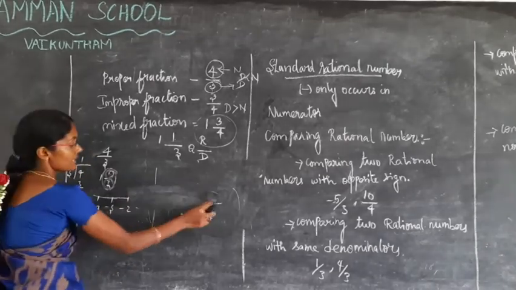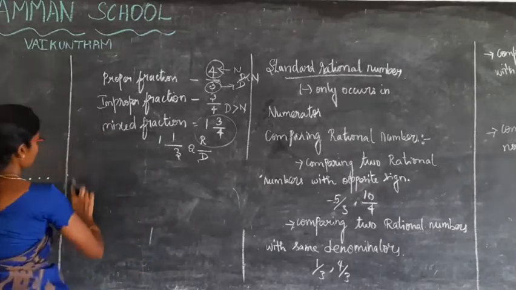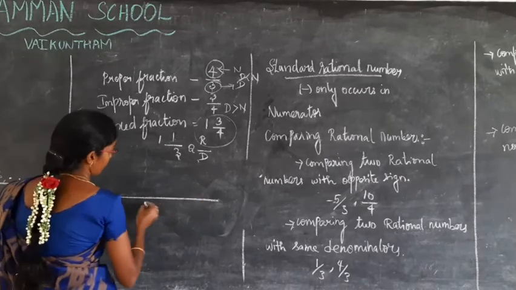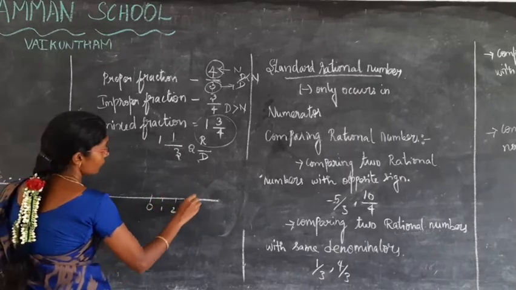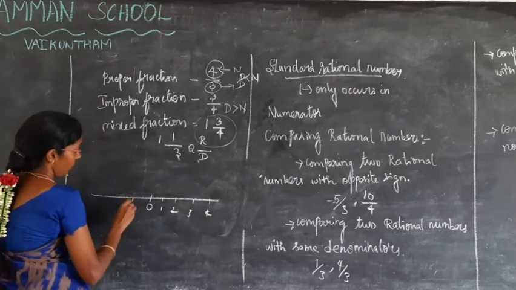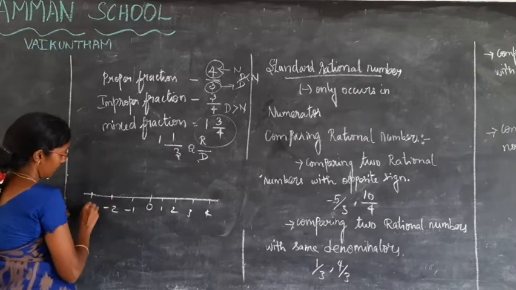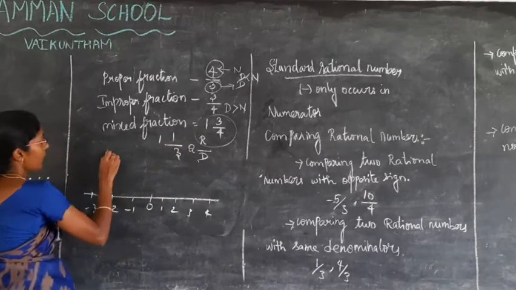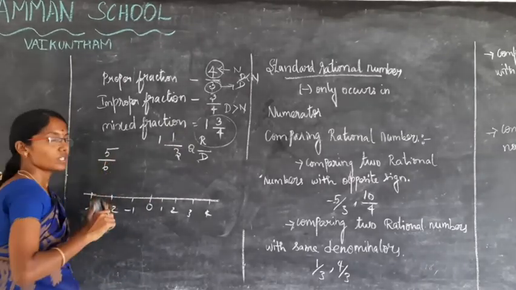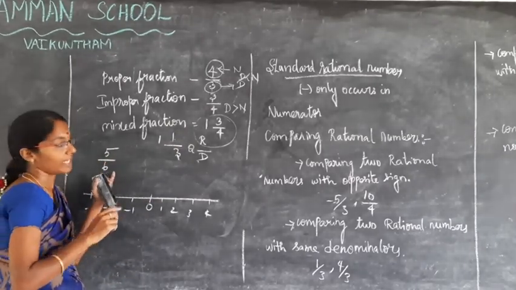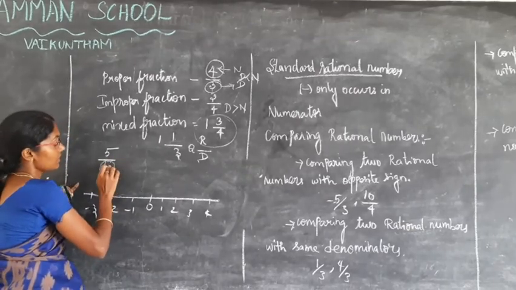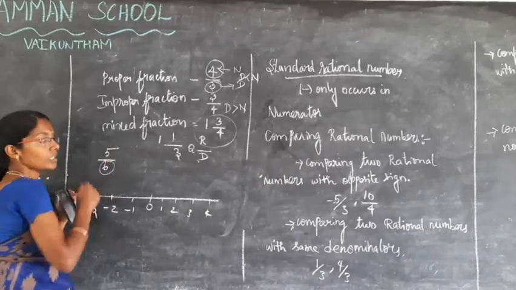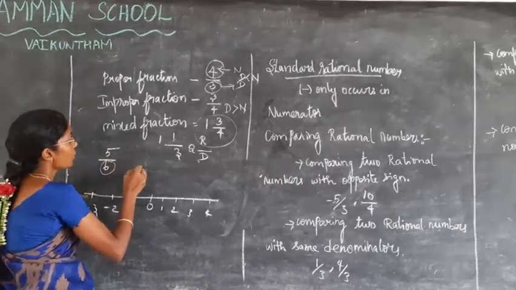So for example, consider another number. Zero, 1, 2, 3, 4. Minus 1, minus 2, minus 3. Okay, so consider another number, 5 by 6. This one is a proper fraction, since the numerator is less than the denominator, that is the denominator is greater than the numerator.